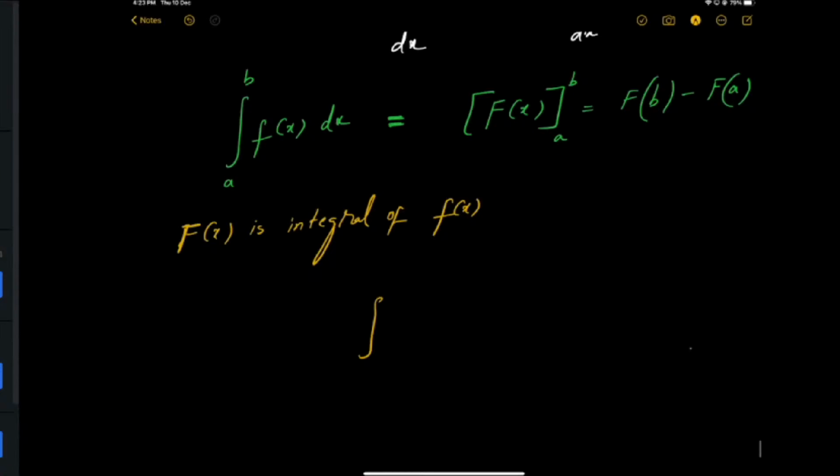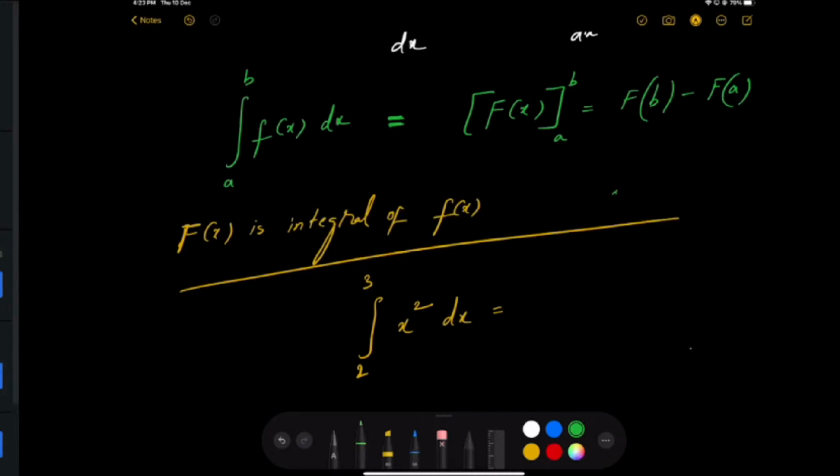Now integral of 2 to 3, x square dx. I need to find this. So first I write integral of x square. I'll give you the list of formulas, but you might already have some idea about integrals.